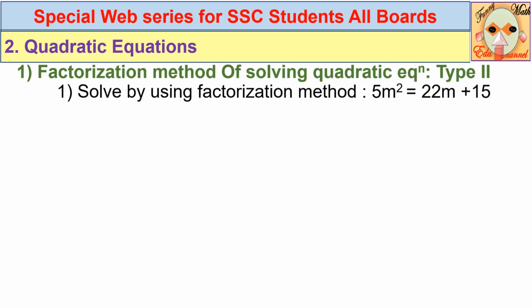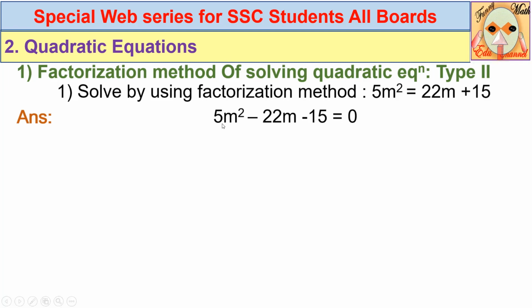Students, always keep in mind when you are solving quadratic equations by the factorization method, the equation may be given in various forms, not in the standard general form like ax square plus bx plus c equal to 0. Though it is not in that form, you have to first write down the given quadratic equation in our standard form. That is 5m square minus 22m minus 15 equal to 0.